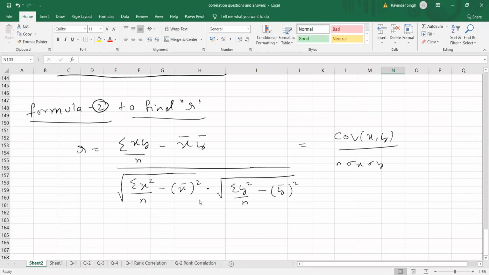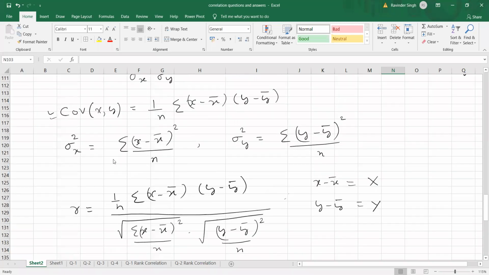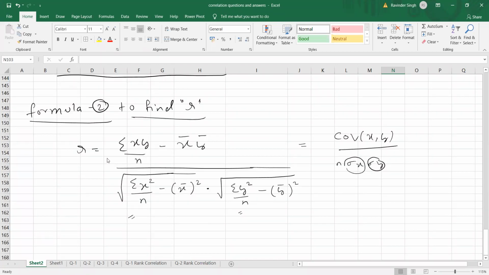Now you are thinking that sigma x, how has it come to this value, how sigma y has come to this set of values. If we go back, what kind of formula is written for sigma square x? See here. What I've done here is I have just applied a minus b whole square and I've split this function. When you apply a minus b whole square and solve this, this is the part you will get.